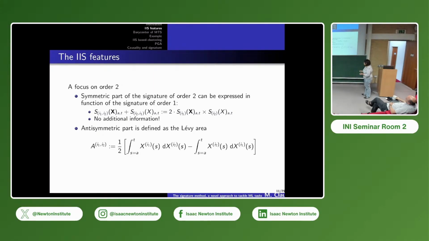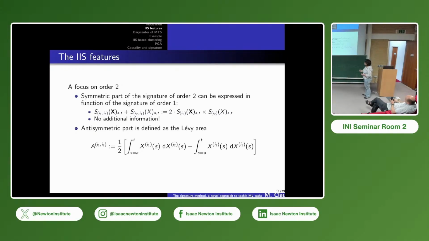What it means is that the signature of order 2 is redundant. Inside the signature of order 2 is included something of the first order, because of this relationship, which is the Fubini formula.